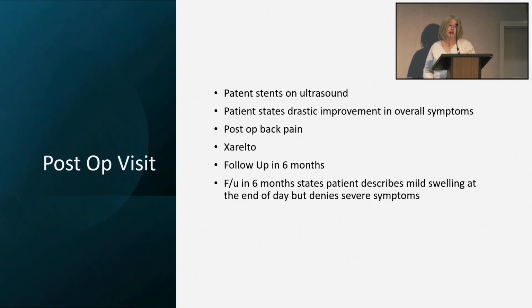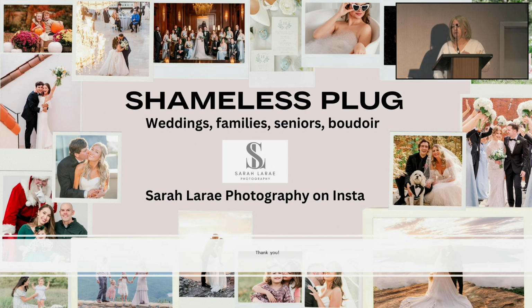She came back, her stents were patent on ultrasound, and she reported a drastic improvement in her symptoms. She had a little bit of post-op back pain, which is common, and was placed on Xarelto. We'll see you in 6 months, everything looks great. She came back in 6 months, still complaining a little bit about swelling at the end of the day, but overall her symptoms were much improved.